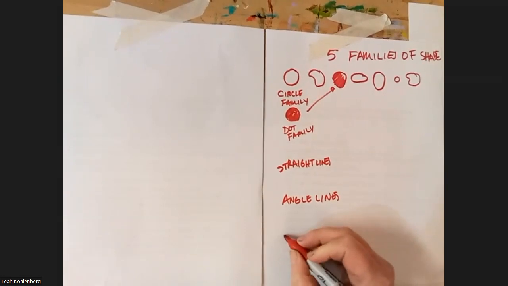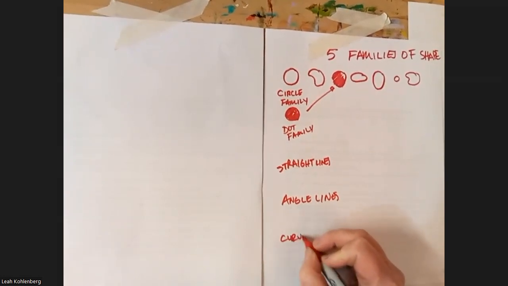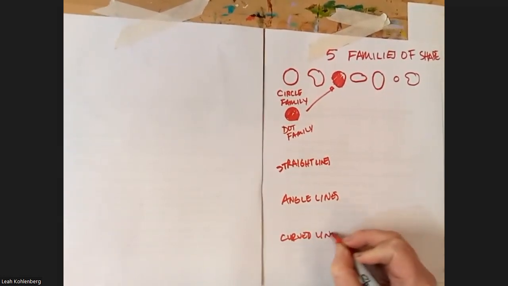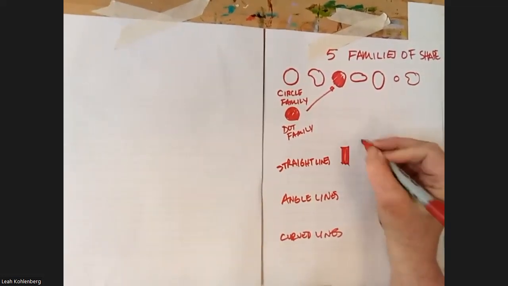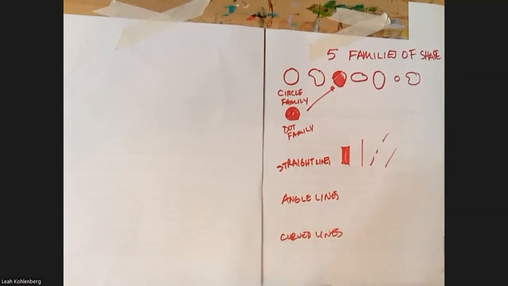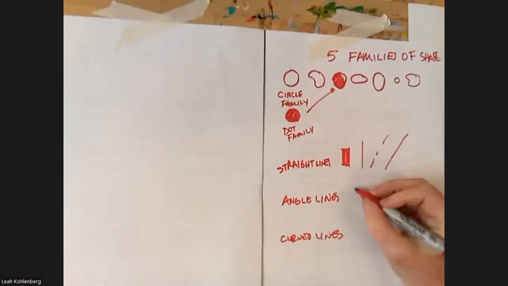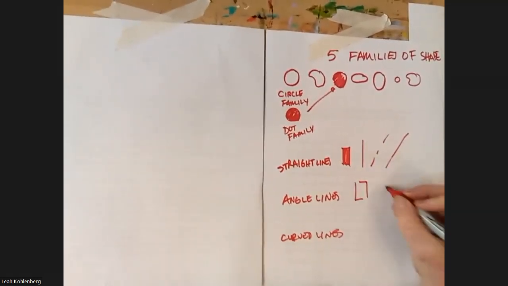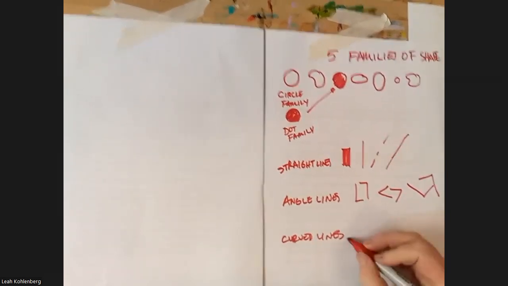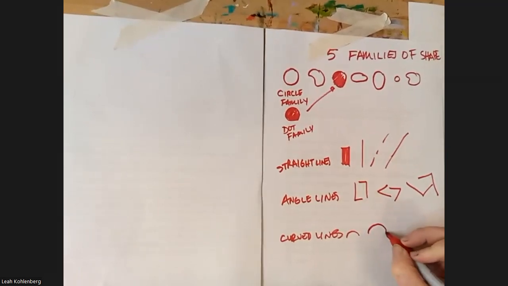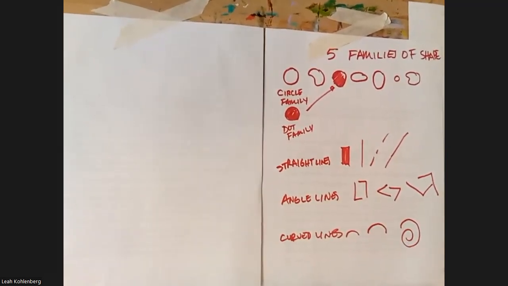And we have curve lines. The straight line family can be thick straight lines, they can be thin, little, or big. Angle lines are just 2 lines put together, narrowly or widely. And curve lines are just curves. They could be small curves or bigger curves, or even curved like a snail shell.